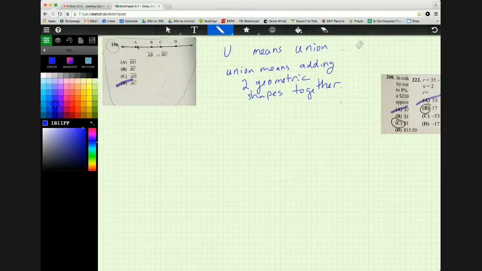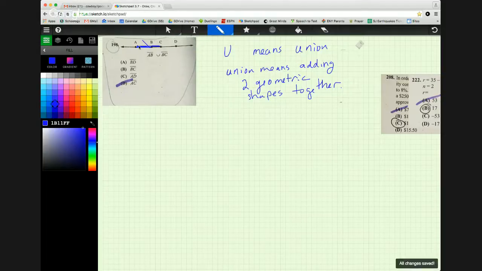This line segment AB is this thing. So if you take that thing right there, let's make it nice and thick, and you union it with BC like this, what do you get?